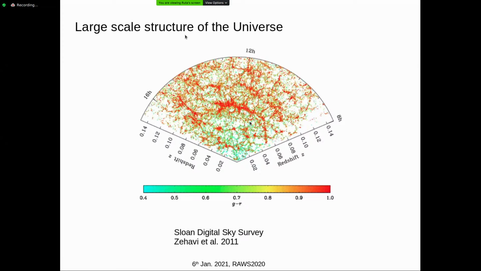Galaxies are not just randomly distributed across the space in the universe, but they seem to be forming these groups and structures where they are densely populated, and there are structures where they are not. So this is basically referred to as the large scale structure of the universe.